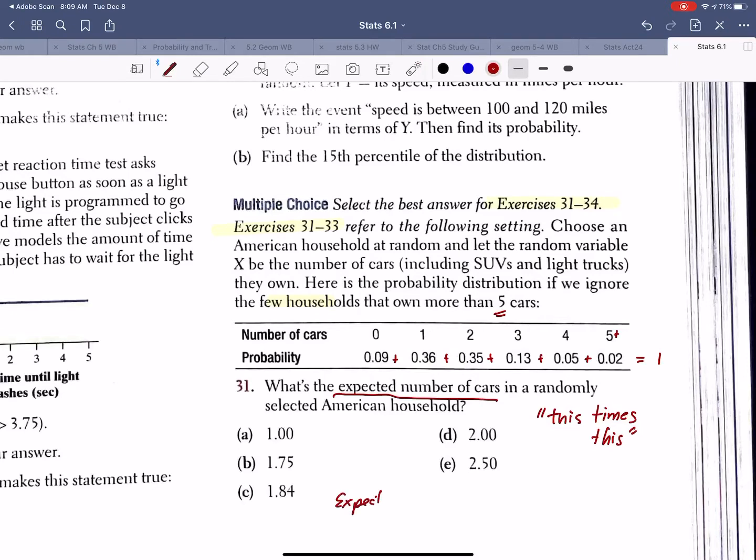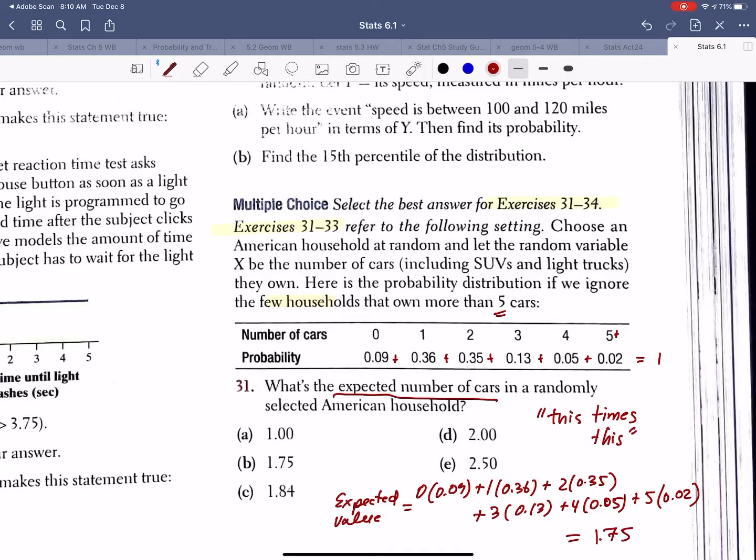So our expected value is equal to 0 times 0.09, 1 times 0.36, 2 times 0.35, 3 times 0.13, 4 times 0.105, and 5 times 0.02. That all adds up to 1.75, and that is one of my answer choices here.